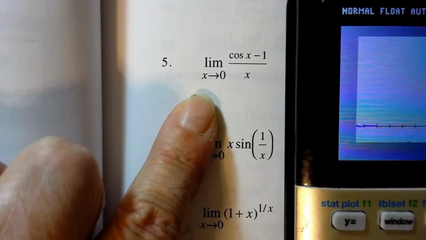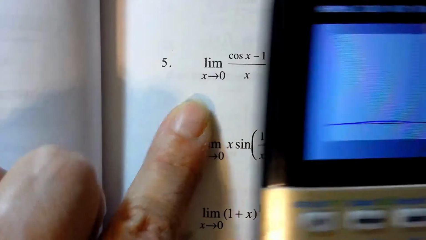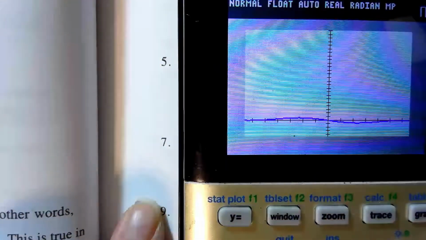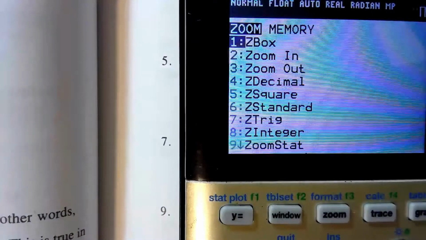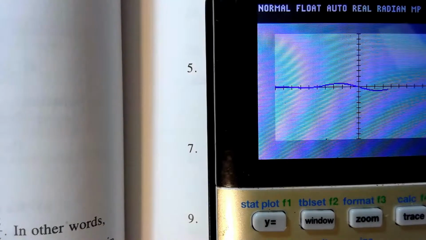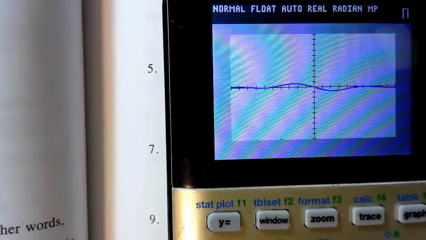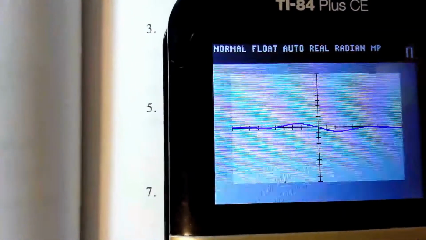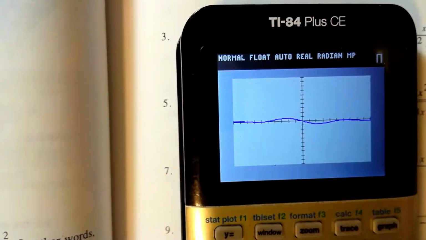So let's graph this, and I'm probably going to have to change my window here. Alright, so let's do a zoom 6. Now I know that screen's getting kind of weird with the lines and everything because I'm filming the screen. So let me just try and move the Elmo a little bit.